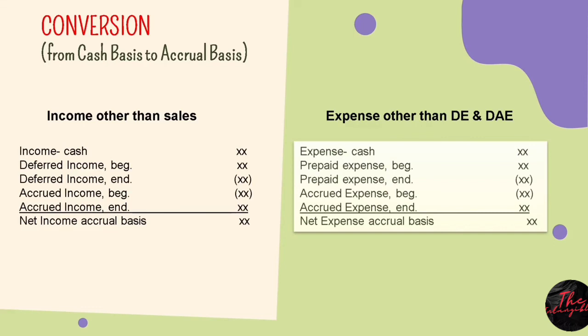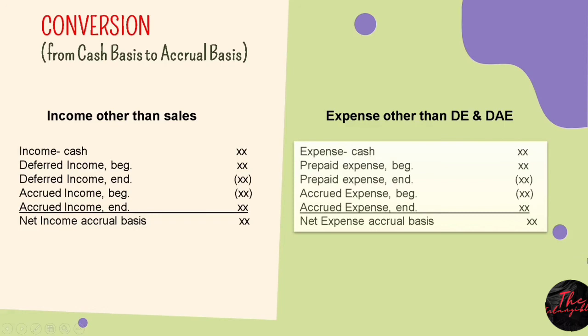Sa accrued income naman at the beginning, since last year pa siya na-recognize as earned income, so ililess natin siya this time on income under accrual. Accrued income at the end, yan yung pang this year. Since it is already earned this time but not yet received, therefore i-add natin siya.